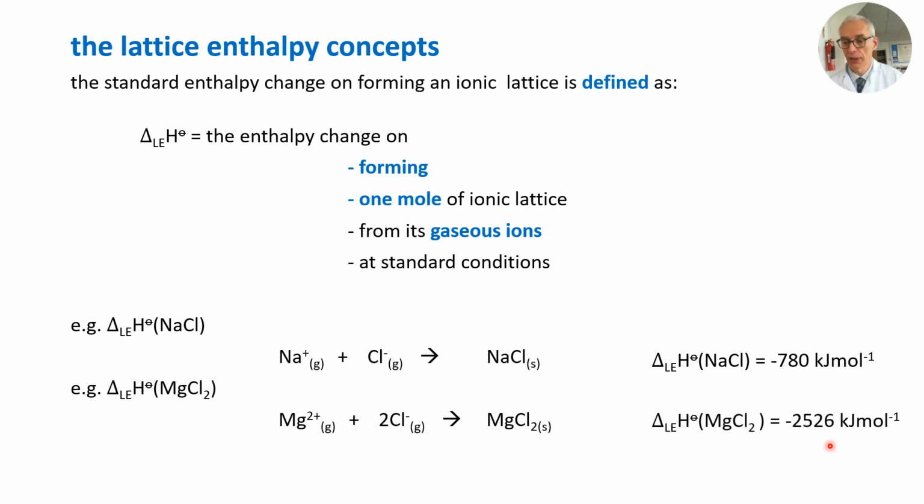The lattice enthalpy of magnesium chloride is minus 2526. You'll notice that for a definition which has enthalpy change on forming 1 mole of ionic lattice, lattice enthalpies are always exothermic.